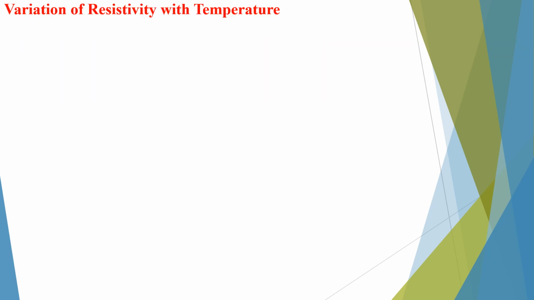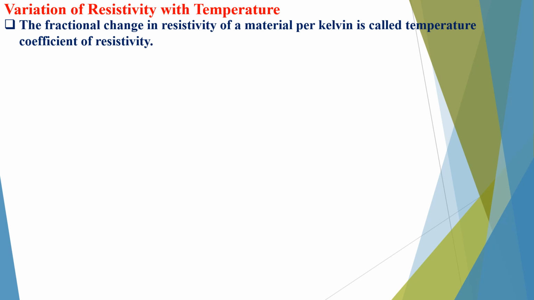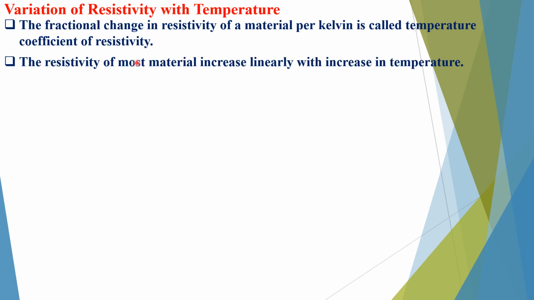Variation of resistivity with temperature. The fractional change in resistivity of a material per Kelvin is called temperature coefficient of resistivity. The resistivity of most material increase linearly with increase in temperature.